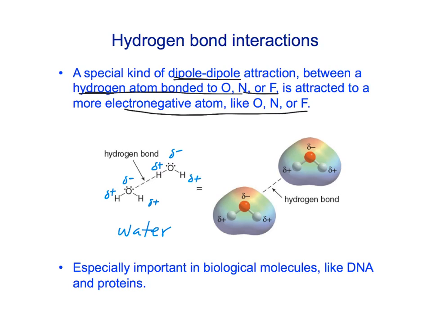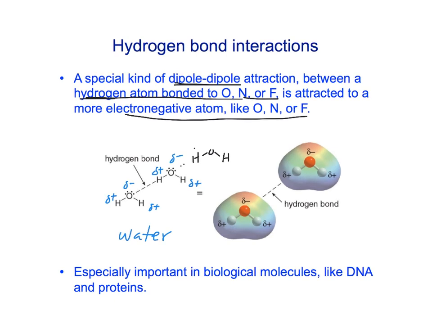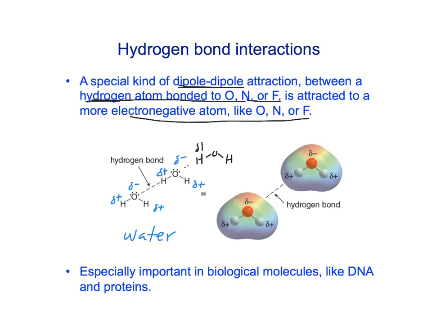This delta minus here likewise would be attracted to a delta plus over here. Right? This delta plus over here could be attracted to a delta minus, and a network of hydrogen bonds is created. And so this is really a quite strong situation. These types of interactions are also very important in biological molecules, especially in molecules like DNA and in proteins.